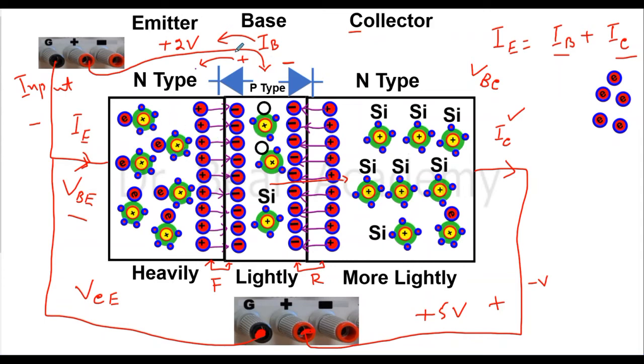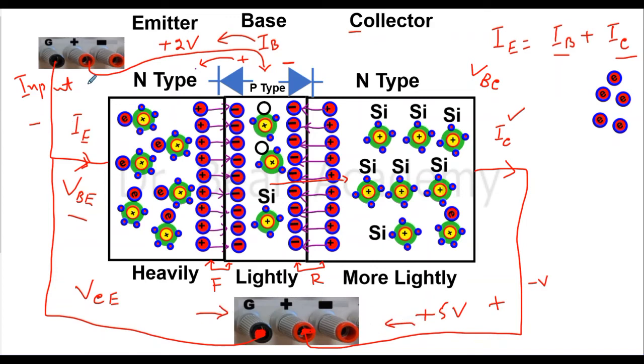Whatever is the current for this IB, we get as a result of applying this plus 2 volts across base and emitter. We will get huge current across the collector and emitter. You see, we will get this current from these two terminals. So here one terminal is coming from the emitter and the other is from the collector.